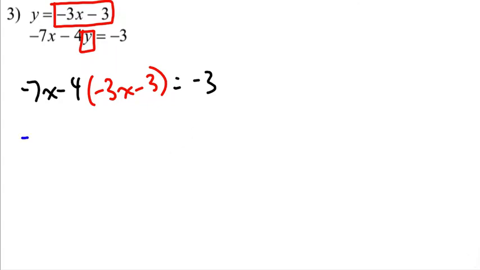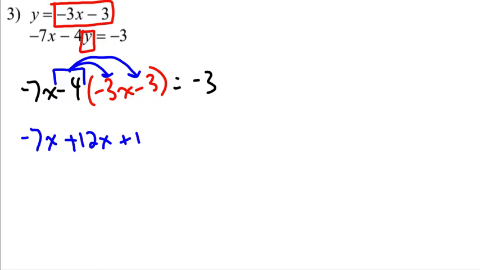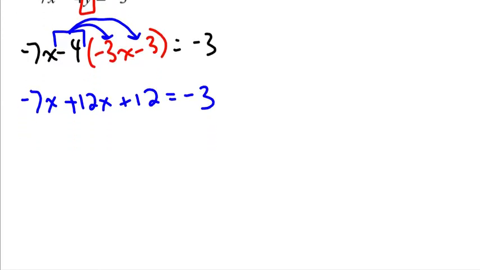Next up is distributive property. Bring down the negative 7x. Now, I'm not going to do 4 times negative 3x and write negative 12x because this is a negative 4. Don't forget to take the negative with it. Negative 4 times negative 3 is plus 12x. Negative 4 times negative 3 again is a plus 12. Equals, write down the right-hand side, negative 3.